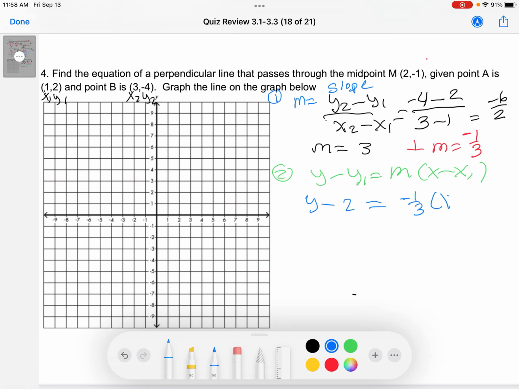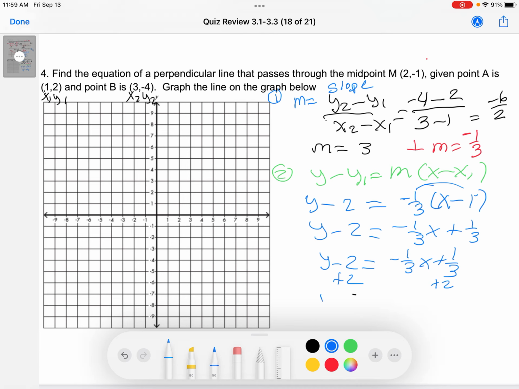And m is -1/3, x minus x1, x1 is 1. Okay, I'm going to distribute the -1/3 in, so -1/3 x plus 1/3. So y minus 2 equals -1/3 x plus 1/3.